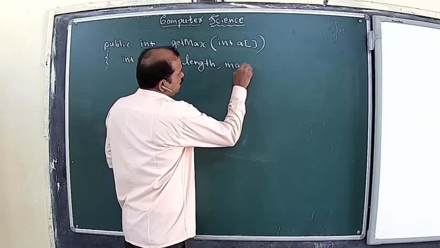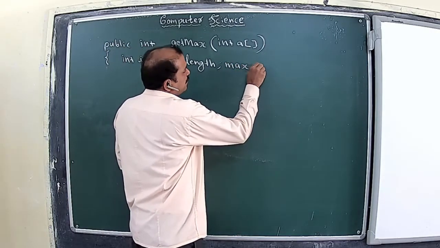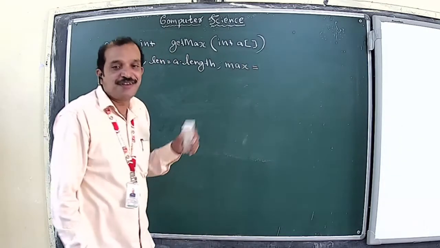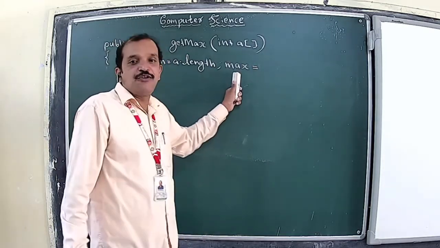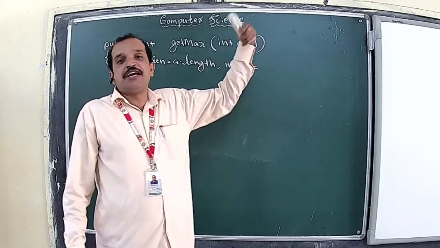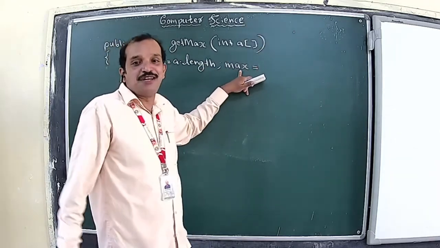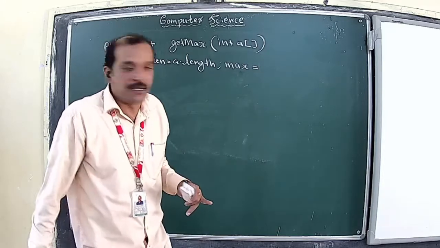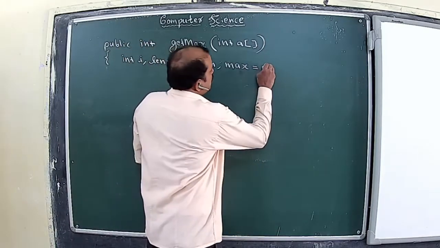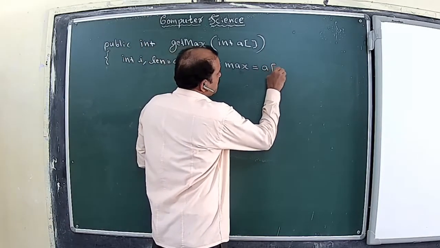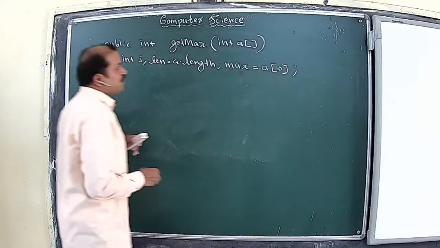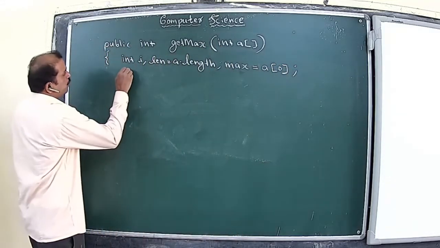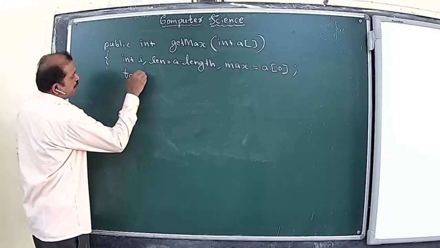And we will assume that the maximum value is the first element. That is only our assumption, and then we will compare this variable with other values, and if they are greater, we will store that value here again as part of our looping operation. We assume that the value is A of 0, and therefore when we start the loop, that can be a little different.